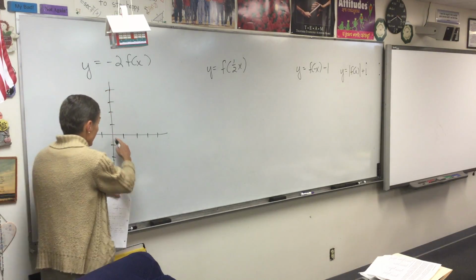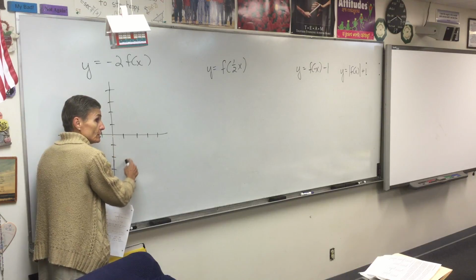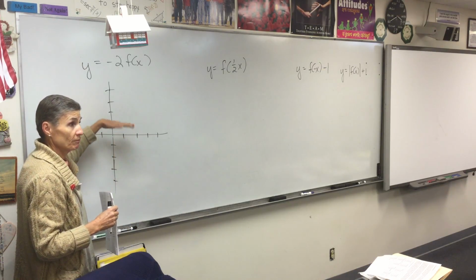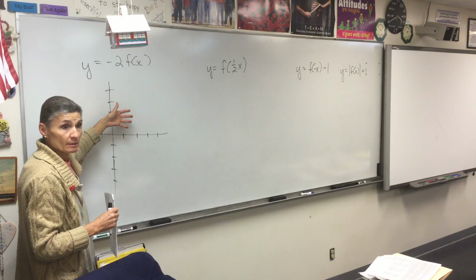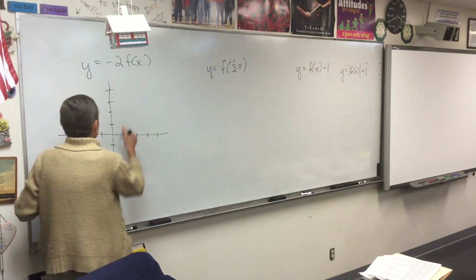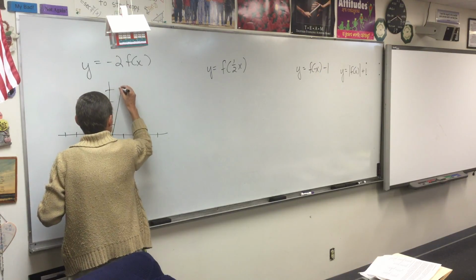The original has a triangle right here that's going down to. What's going to happen to that triangle? It's going to be flipped up, and it's going to go up 4 because it got doubled. So that triangle is going to look like this.